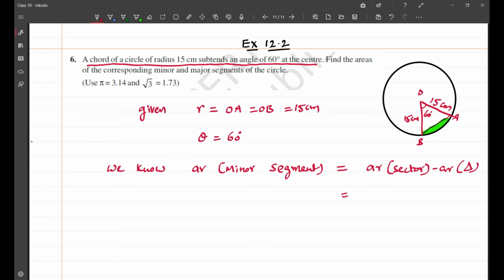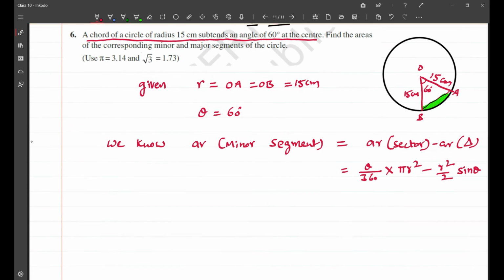Here name of the sector is OAB and name of the triangle also OAB. As we know, area of sector is theta by 360 multiplied by pi r square, minus area of triangle, r square by 2 multiply sine theta.